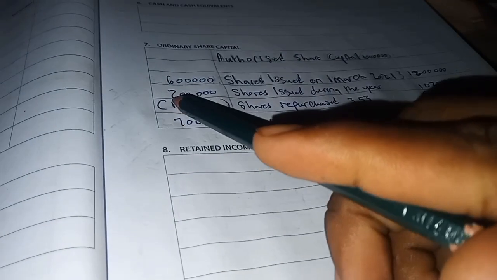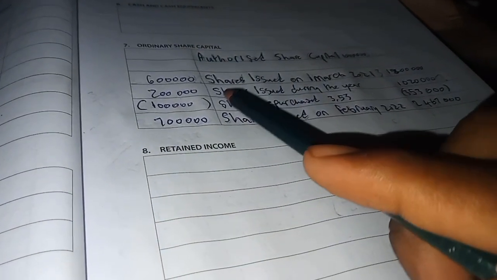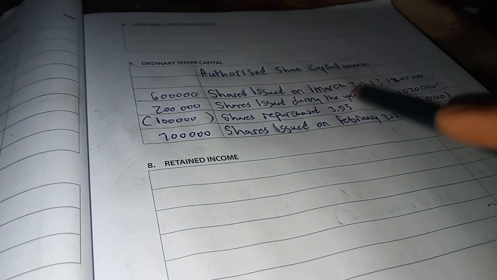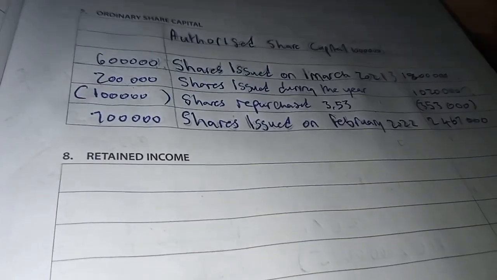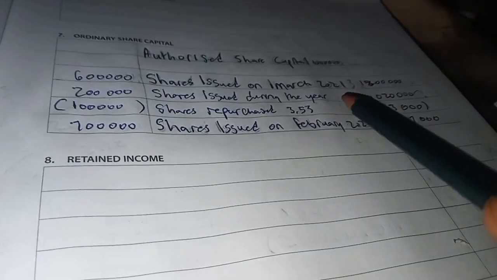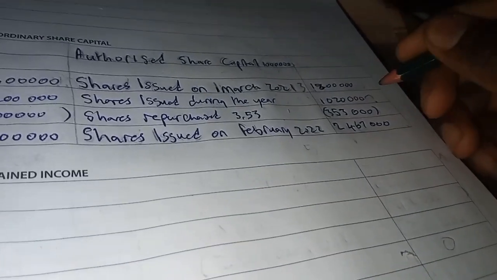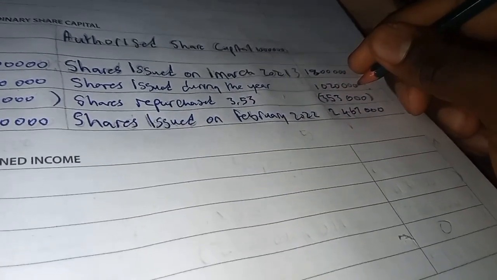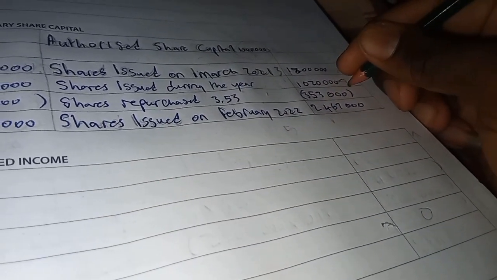Now we say the shares are 200,000 shares, and the description says shares issued during the year, they were sold during the year in September. We don't know the amount here, they didn't indicate, so it's going to be a question mark. We don't know it for now.